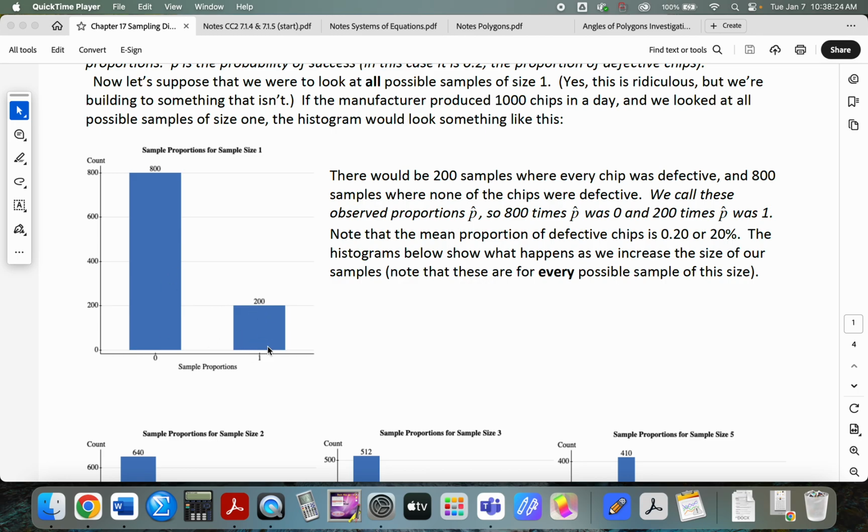And in these 200 samples, there was 1 defective chip. Okay? So again, this isn't a random sample. This is, I took every possible sample of size 1. It's going to look like this, right?